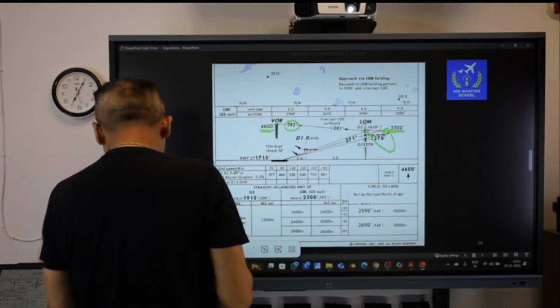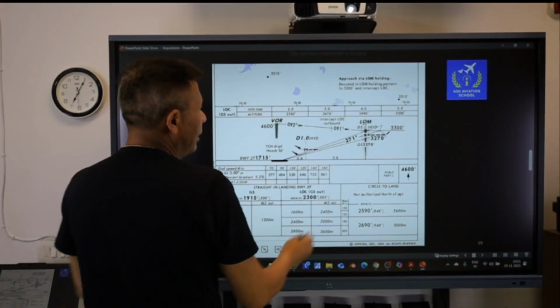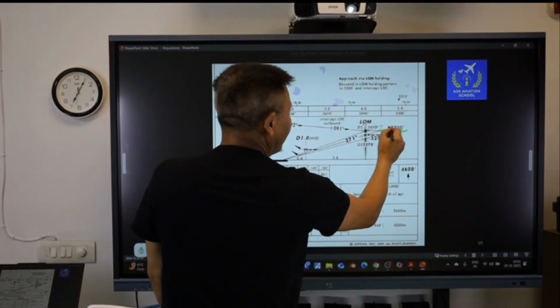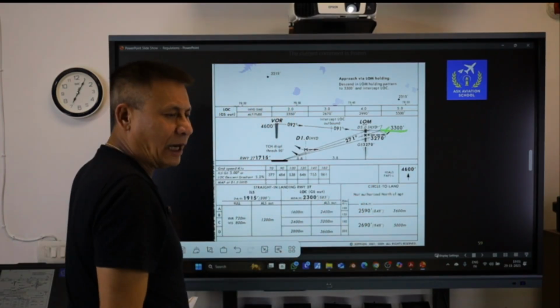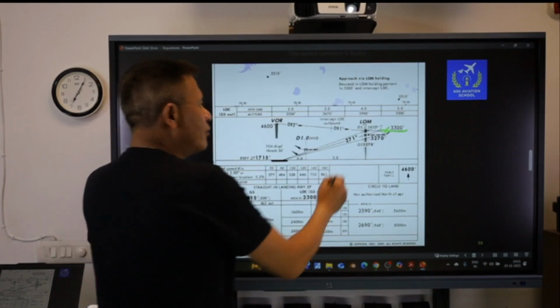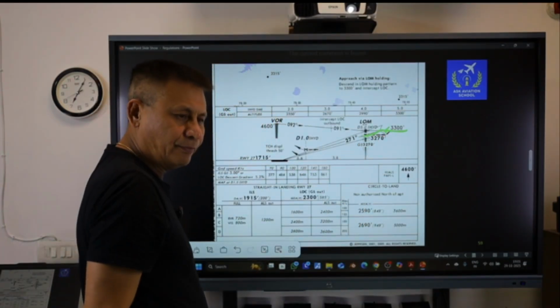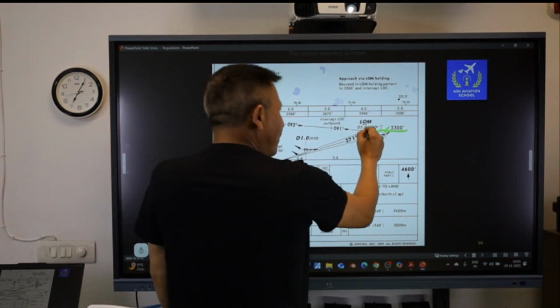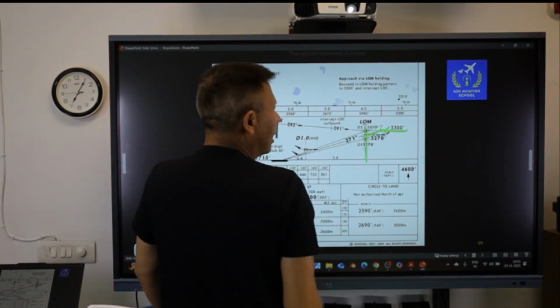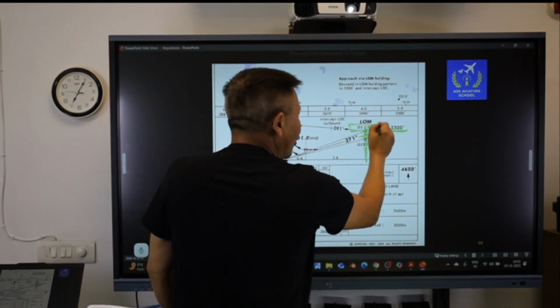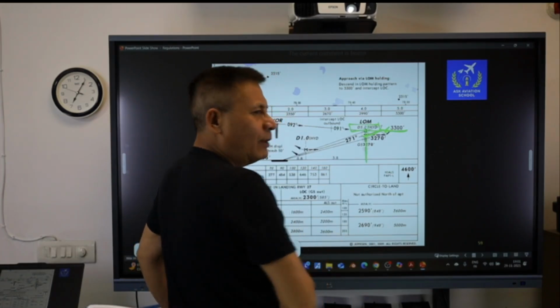Having intercepted the final approach course, I will be flying on the final approach course till the time I intercept the glide path. Once I intercept the glide path, then I will commence my descent. Now, while passing over the locator outer marker or 5 DME from Hyderabad, I will have a cross check.